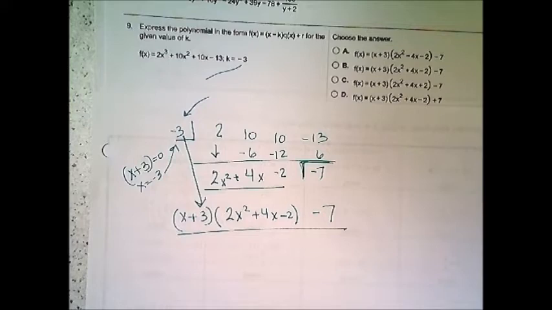Now let's collect like terms. 9i and 9i make 18i, and 18i minus 15i gives me 3i. There's 9.